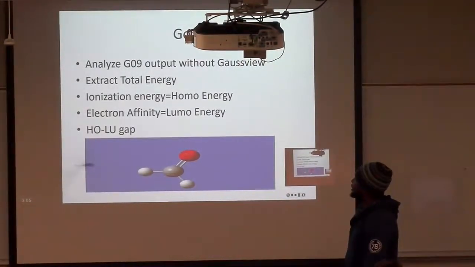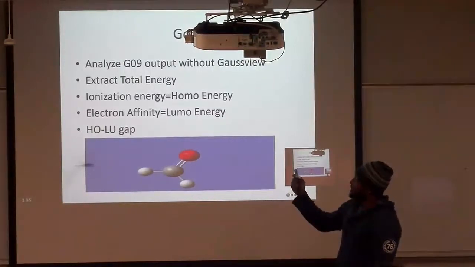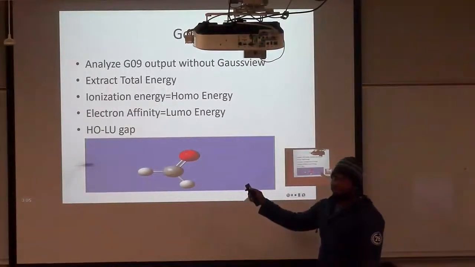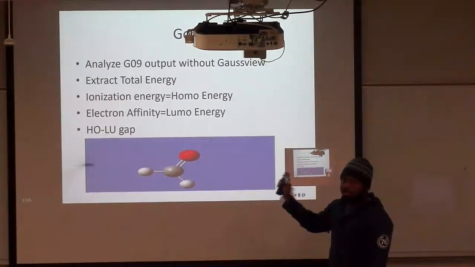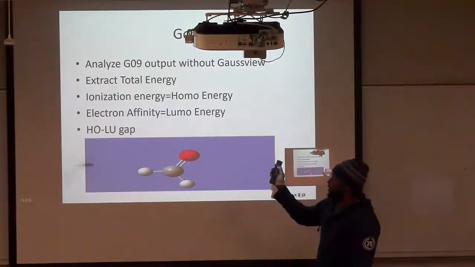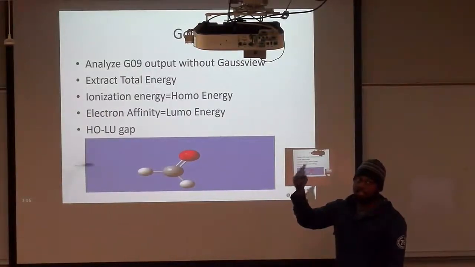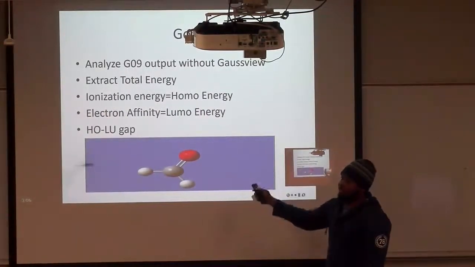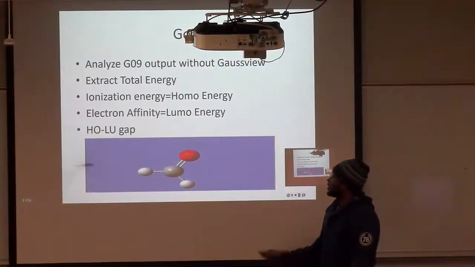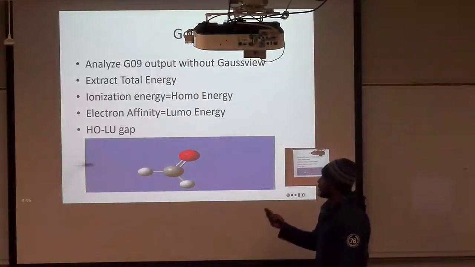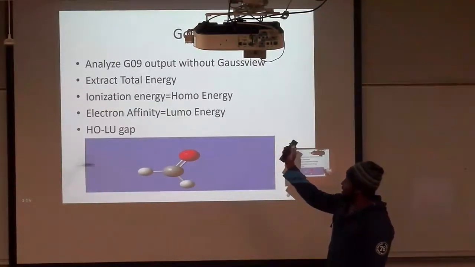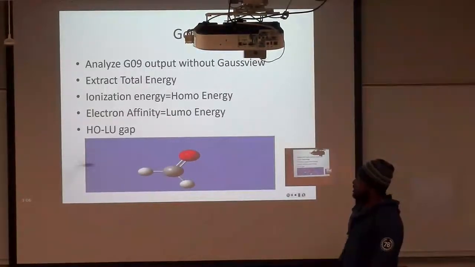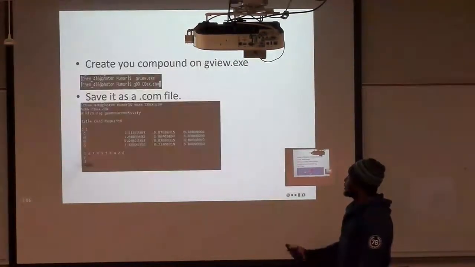First of all, just to get to the point from the last lecture that Dimitri taught us: he mentioned that the ionization energy equals HOMO, and the electron affinity equals LUMO. I'll also try to show the HOMO-LUMO gap and the total energy in this presentation.